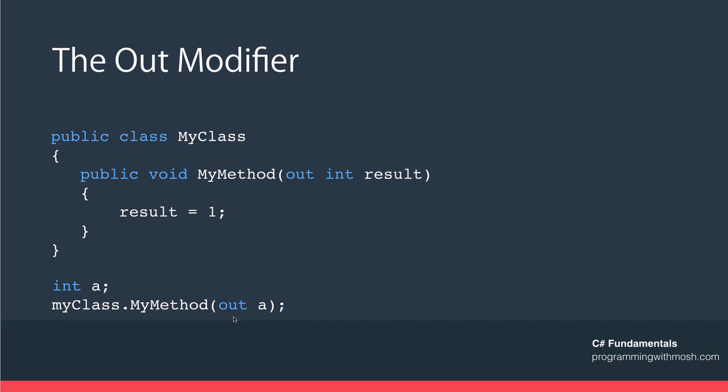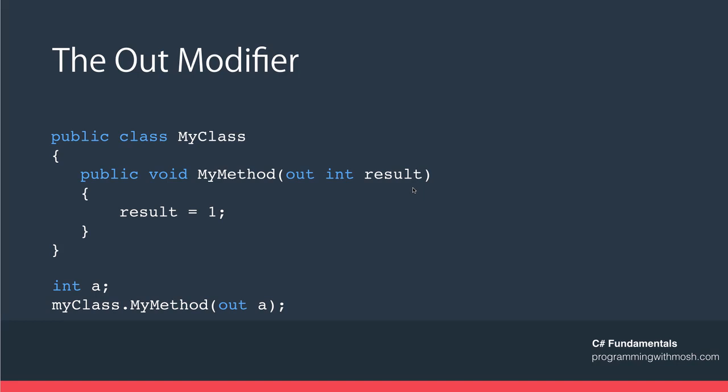Now you might be wondering, couldn't we just return a value here instead of using void? Absolutely yes. But with the out keyword, we can have multiple parameters here and they all can return a value to the caller. And that's exactly where I say this is a code smell or this is a design smell of the C# language. Because if a method is going to return multiple values to the caller, it's better to encapsulate all these values into a separate class, which could be the return type of that method.